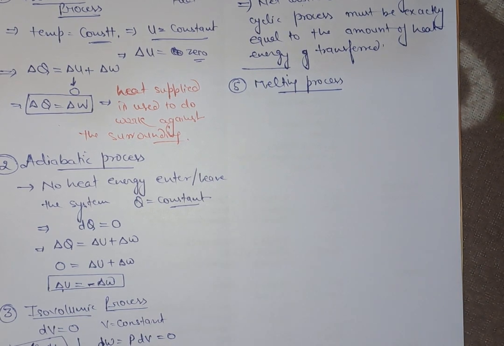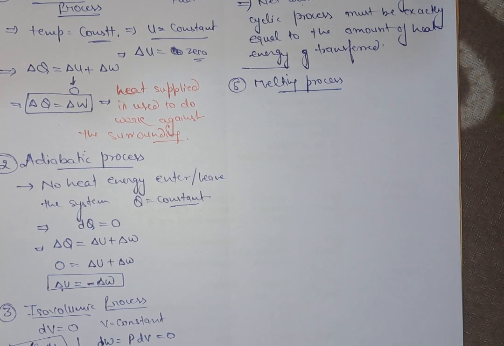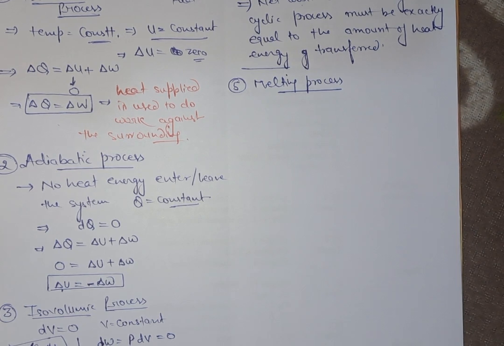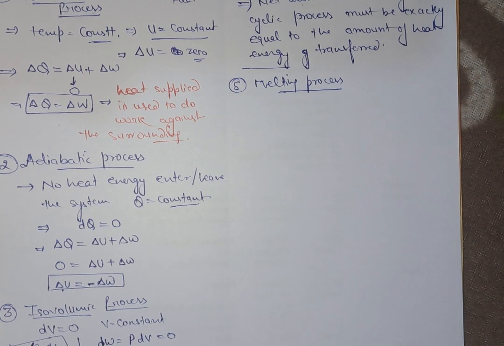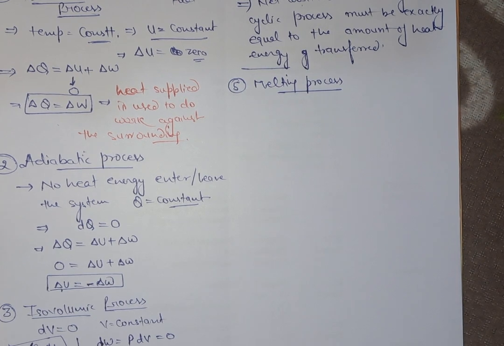That means during melting the temperature will remain at 0 degrees if we talk about water, and in the boiling case the temperature will also remain the same, at 100 degrees Celsius. The heat associated with this is nothing but our own latent heat.